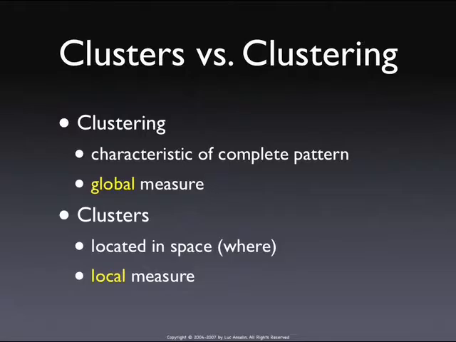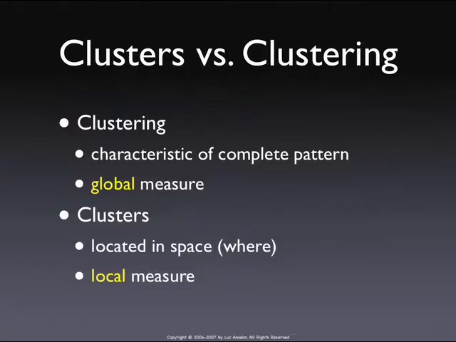And it's very important to make the distinction between clustering as a characteristic of the complete pattern, or as we call it, as a global characteristic, and a cluster, which is a specific location, and which we call a local characteristic.